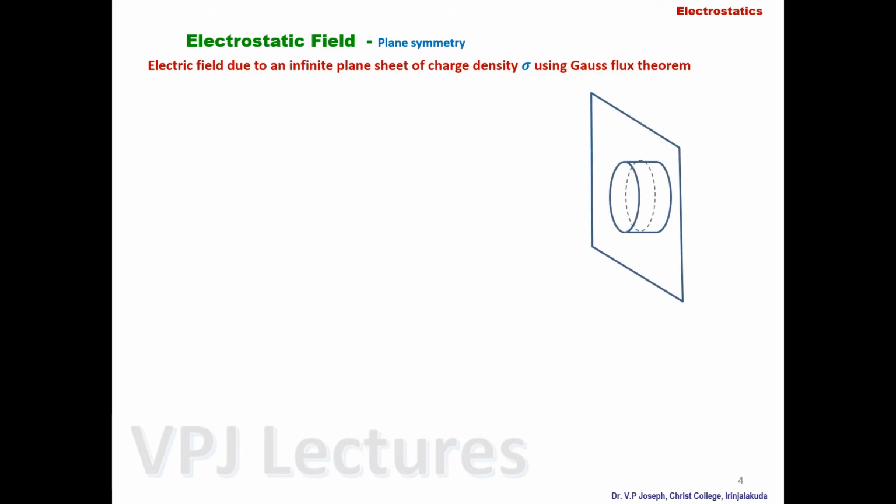Let us take the first example, that is a plane sheet of charge of infinite dimension with the charge density sigma using Gauss' theorem. This picture shows a small portion of the charged sheet and a Gaussian surface in the form of a pillbox.